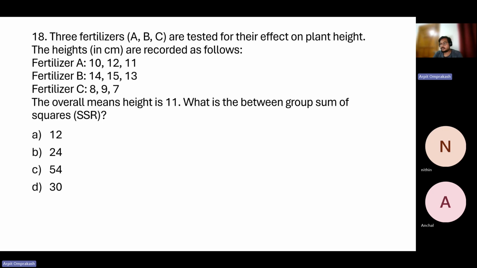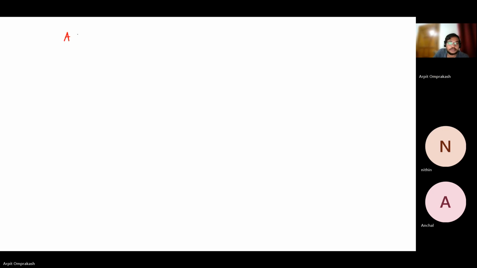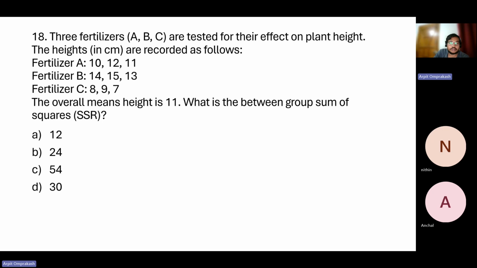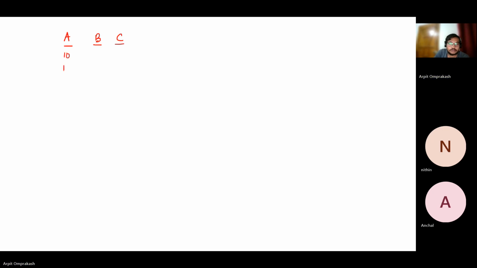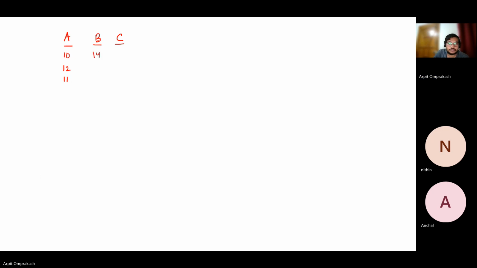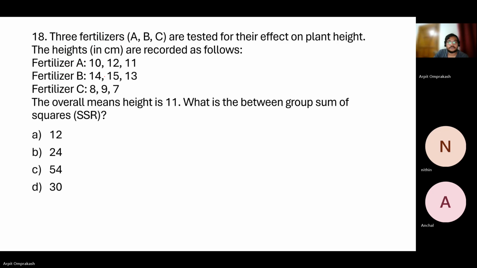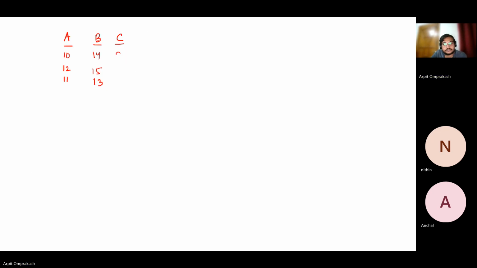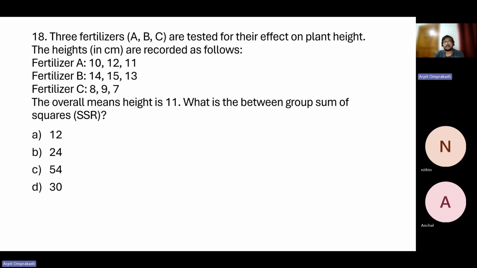So what we are given is 3 different fertilizers, A, B and C. For each of them, we are given plant heights: 10, 12, 11, and 13. The overall mean height is 11, so the total x bar is 11.